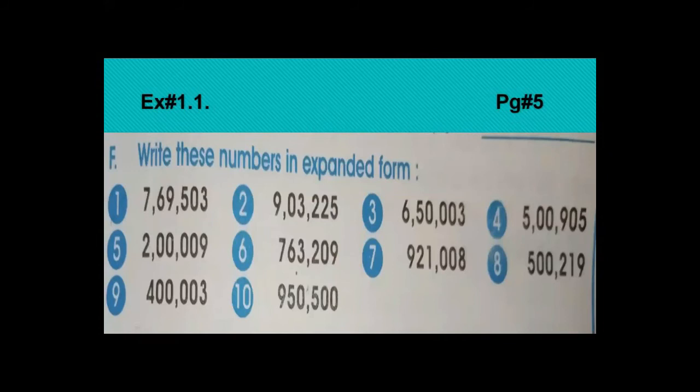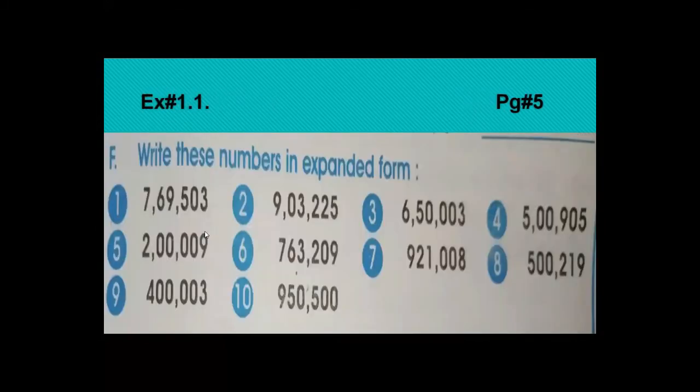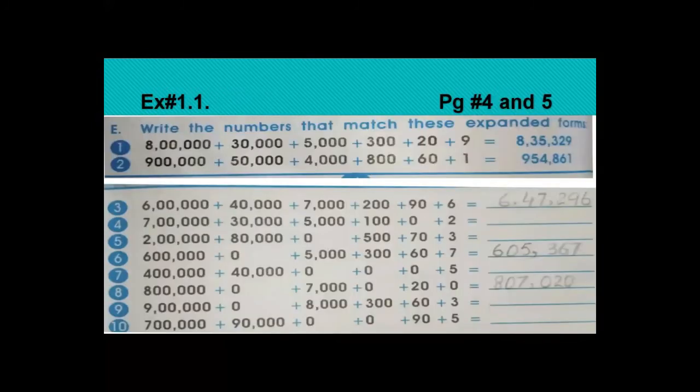Here I have solved questions 1, 3 and 6 for you. In question number 3 you see, starting from the left, the first digit is considered as lakhs because 2 commas are placed here, a group of 3, 2, 2. Here you easily understand that this is the Pakistani way. So you start like this. Look at here, students. You will write this in expanded form, same as the previous slide I showed you.